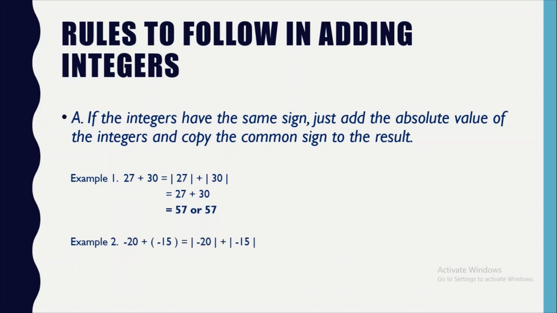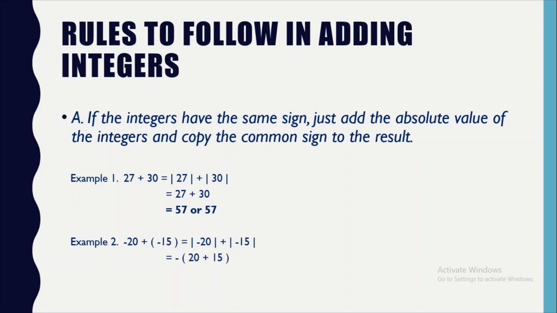Example number 2. Negative 20 plus negative 15. So, ano yung unang gagawin? Just get the absolute value of the integers. So first, get the absolute value of negative 20, and that is positive 20 or 20. And then, the absolute value of negative 15, that is positive 15 or 15.